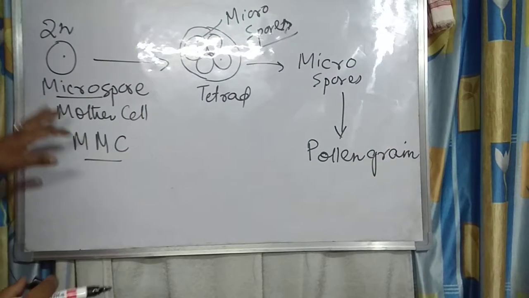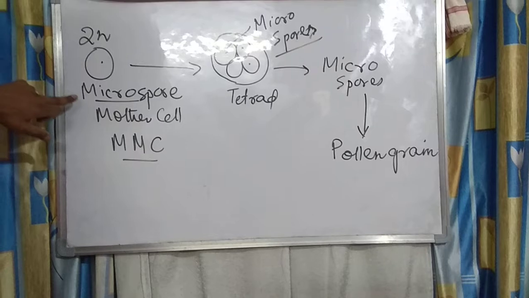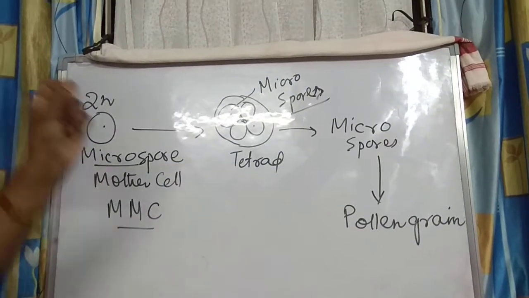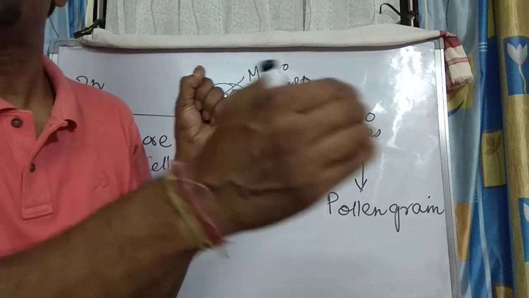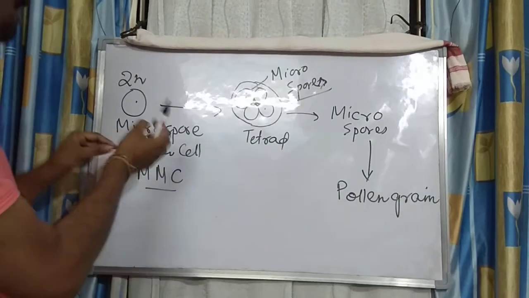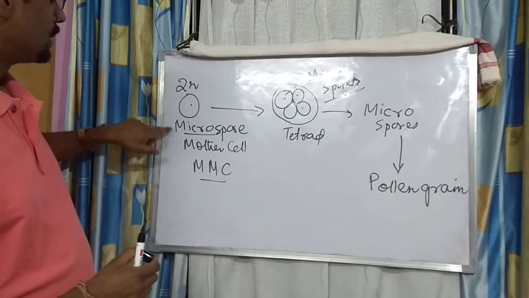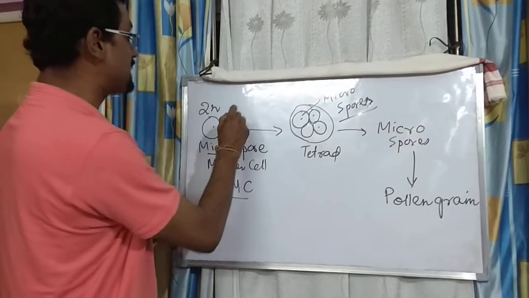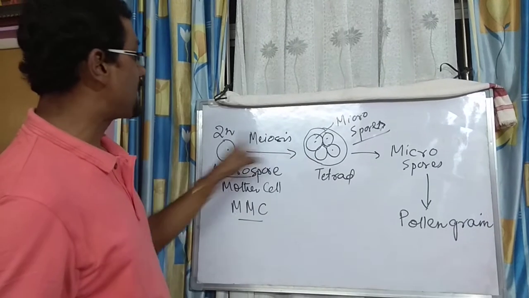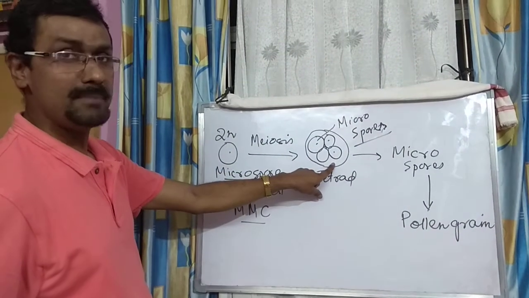See, development. Now, microsporogenesis. Genesis means generation or development. Micro means small, and spore formation. 2N was there, it underwent meiosis, M-E-I-O-S-I-S, and formed 4 cells. One cell leads to the formation of 4 cells in meiosis.